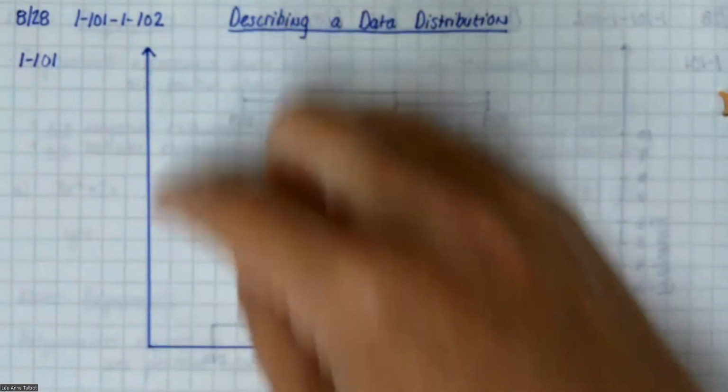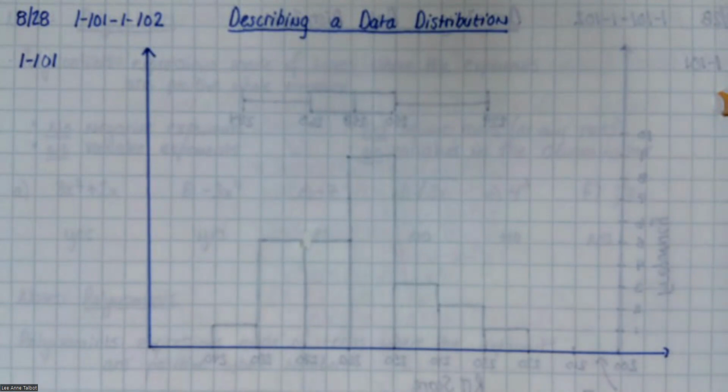I think this is like 15 tall, if you're wondering. You can see first period's data distribution on the other side of the paper there.